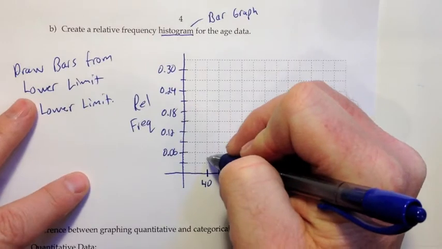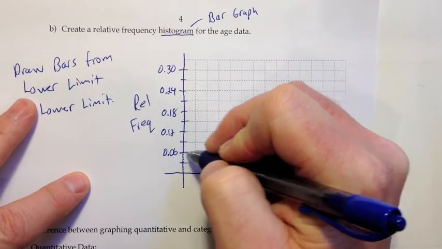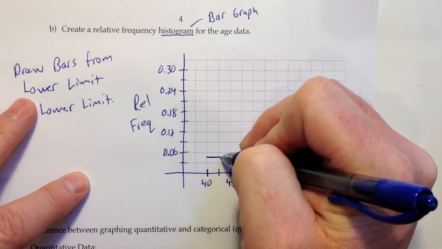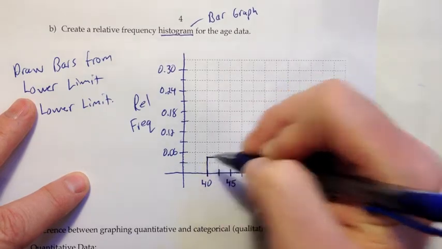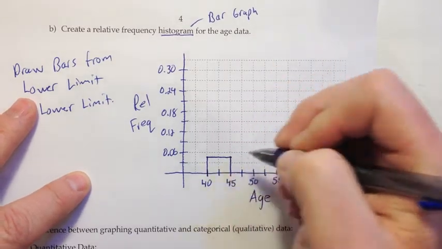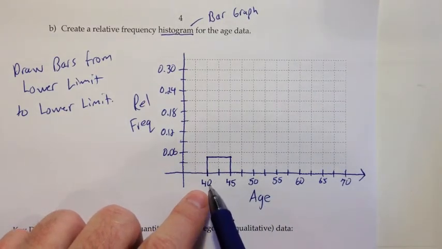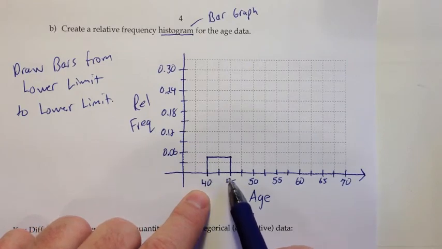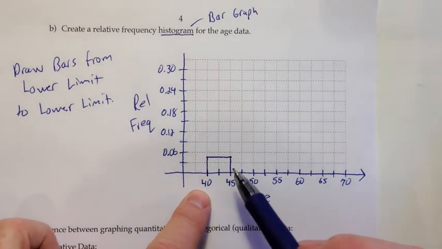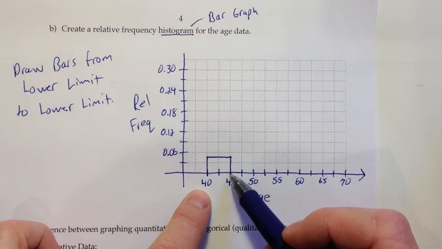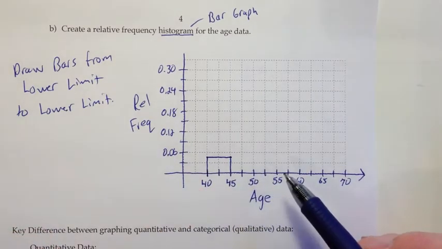So let's see, 0.0455 would be about halfway between 0.03 and 0.06, and that would be my first bar going from 40 to 45. And I know the 45-year-olds are not in that group, but the way this would be read on the bar graph is from 40 through everything up through less than the 45, so people who are familiar with this would know the 45 is actually in the next class.